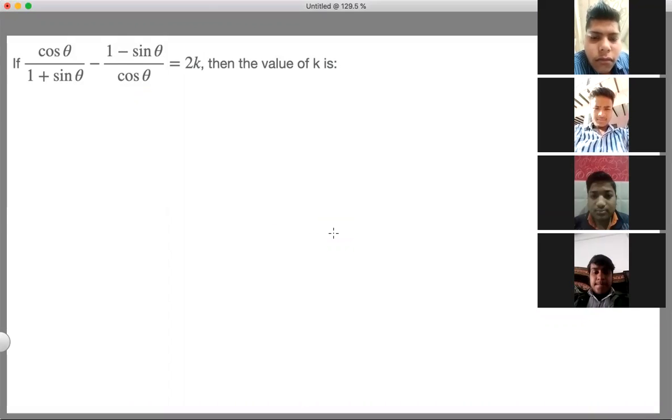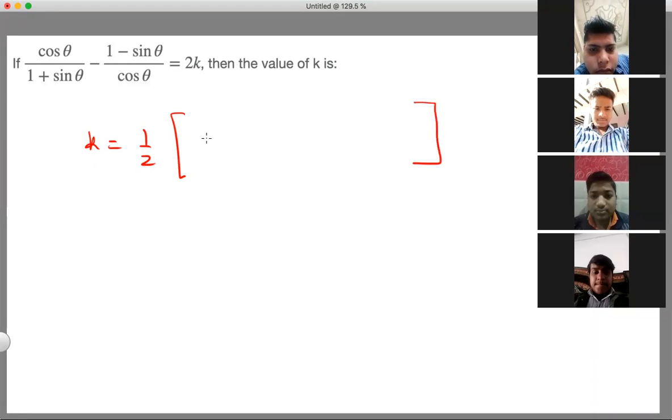If cos theta by 1 plus sin theta minus 1 minus sin theta by cos theta is equal to 2k, then the value of k is. So k is equal to half of this quantity.